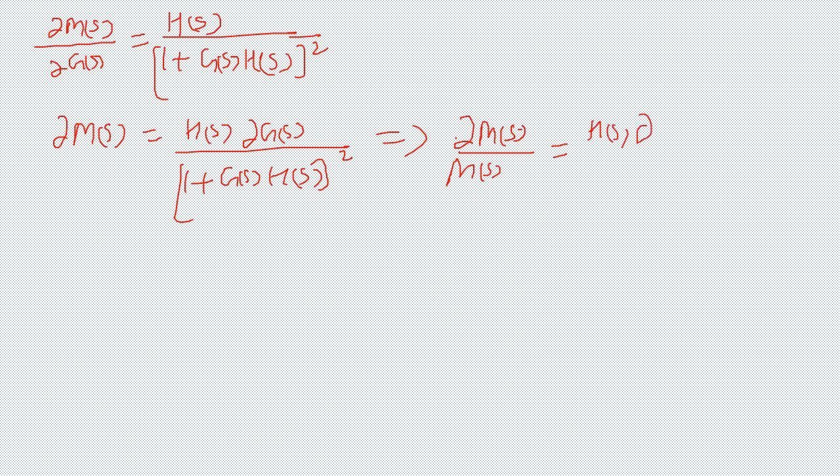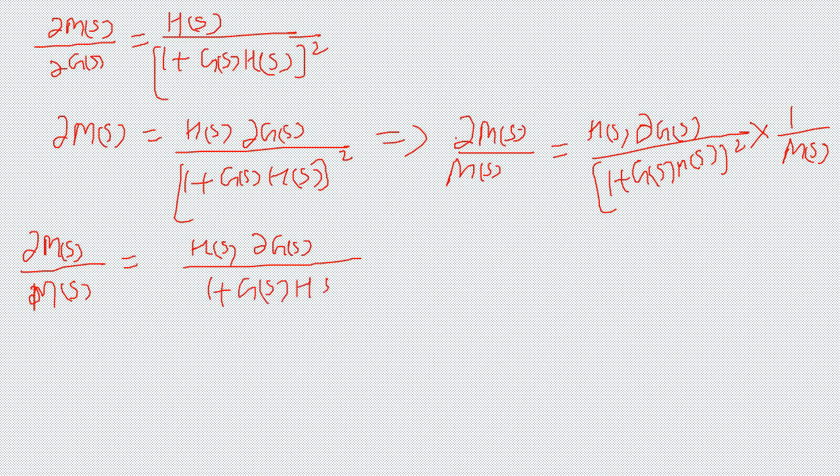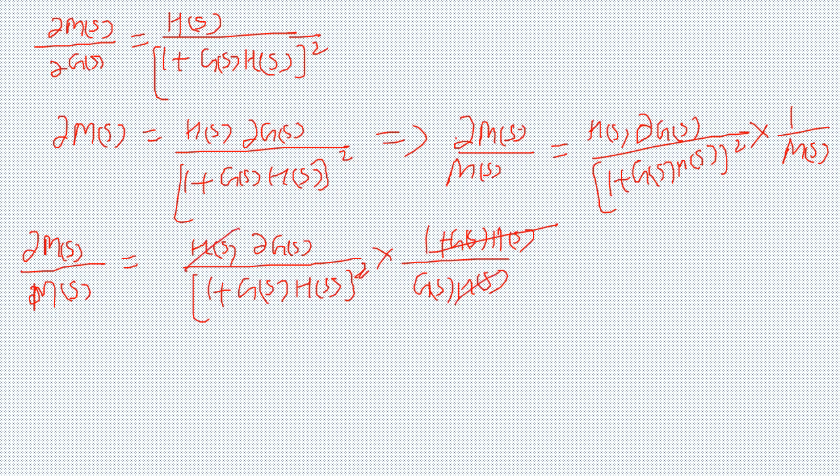Now we put in M(s), which is G(s)H(s) over 1 plus G(s)H(s). H(s) gets cancelled and the terms simplify, so del M(s) over M(s) is equal to del G(s) over G(s) into 1 plus G(s)H(s).